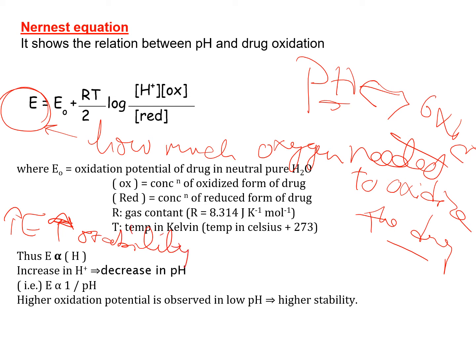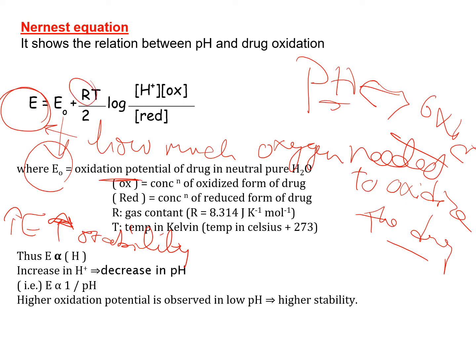Again, because of high E, it means the drug requires a large amount of oxygen to be oxidized. But if E is low, oxidation potential is low, it means that a very small amount of oxygen could oxidize the active ingredient. And there is E naught also, which is again the oxidation potential of the drug in presence of pure neutral water at pH 7.